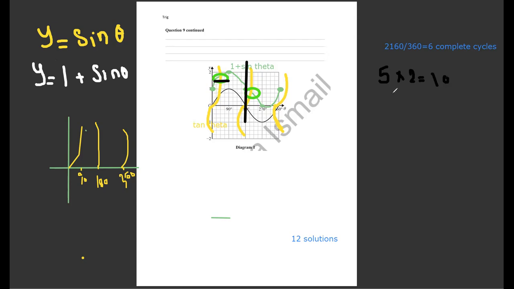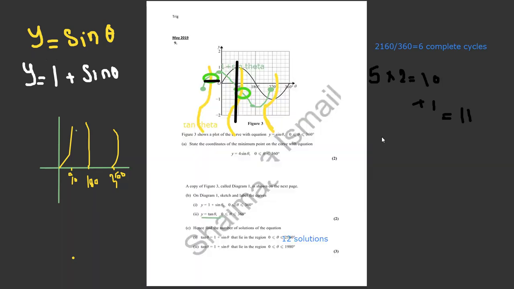And here the 0.5 has only one solution, so we add 1, which gives us 11 solutions in the range 0 to 1980. So here we will have just 11 solutions.